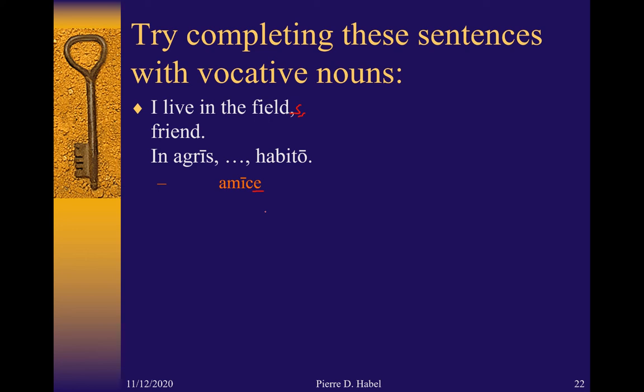All right, let's try the next sentence. I want you to imagine, and I'm going to wait to show it to you, that we are saying the magic word son. Son in the vocative case.